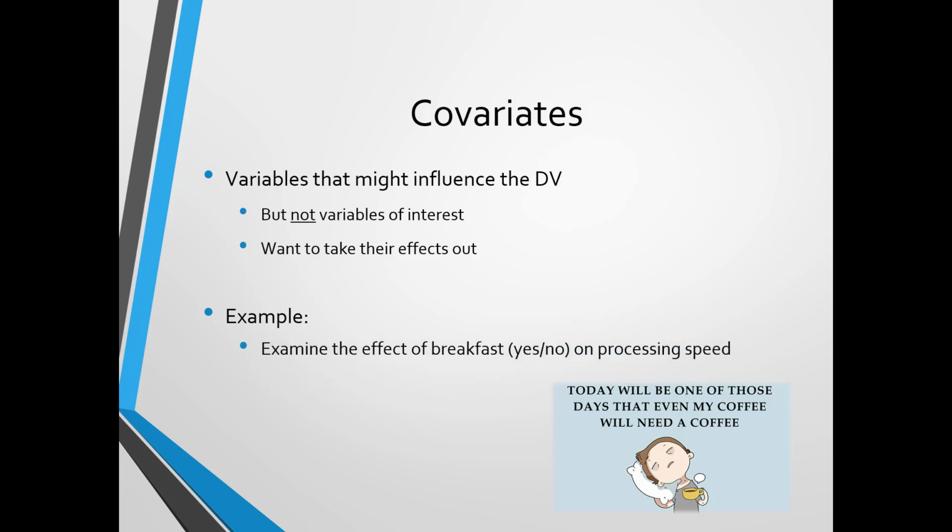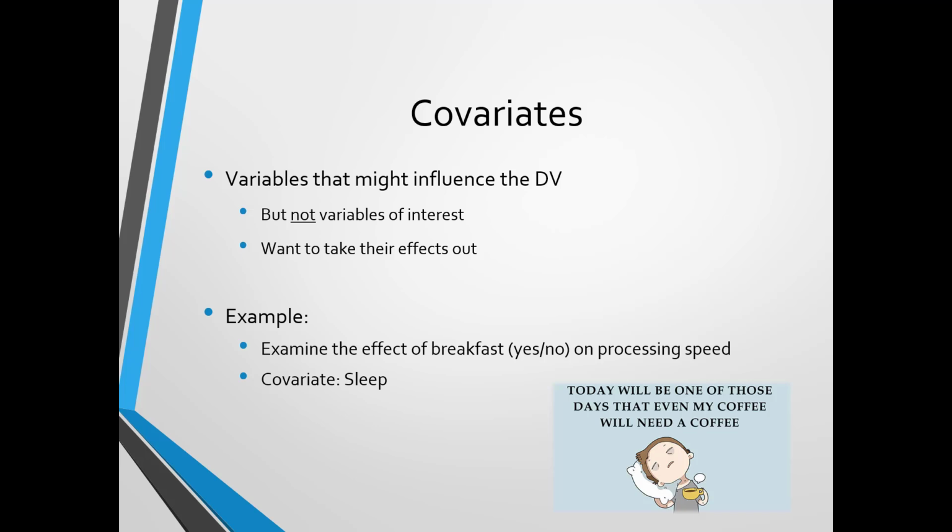Now let's say that you wanted to examine the effect of eating breakfast or not eating breakfast on processing speed. Now in clinical psychology assessments, processing speed is often measured as how quickly you can complete visual motor tasks. And so you can imagine that if the person didn't get a good night's rest before, that person might be a little bit more compromised or slow down.